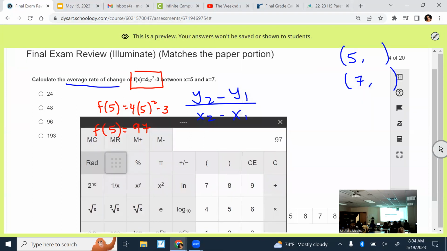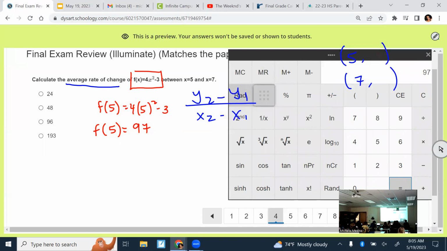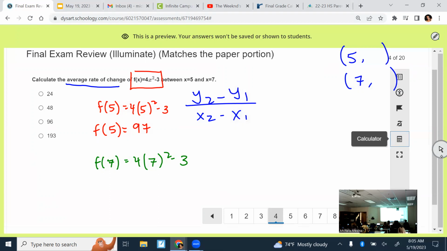And then you do the same thing, but now when x is equal to 7. And then you'll figure out that y value for when x is 7. So any questions on that? Okay, so then now doing the same thing, just now it's 4 times 7 squared minus 3. 193 is that y value.